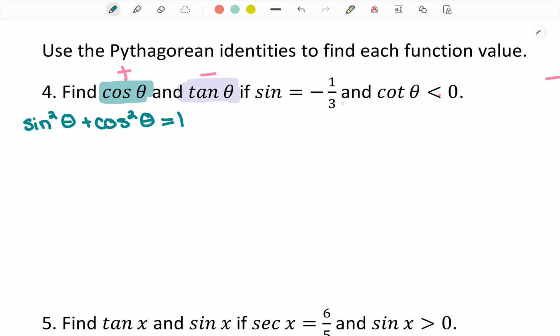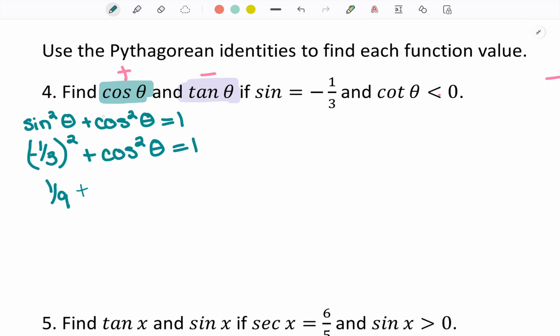And since I know that sine is negative 1/3, that is squared. I'm looking for cosine squared, and it's going to equal 1. Well, negative 1/3 squared is 1 over 9.